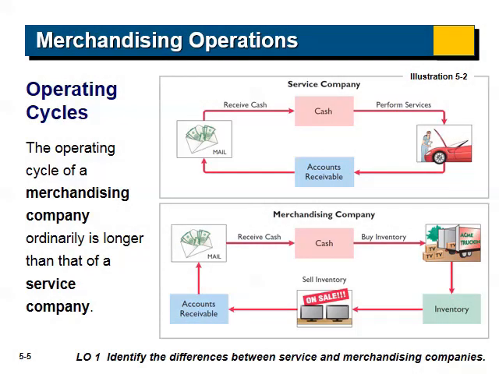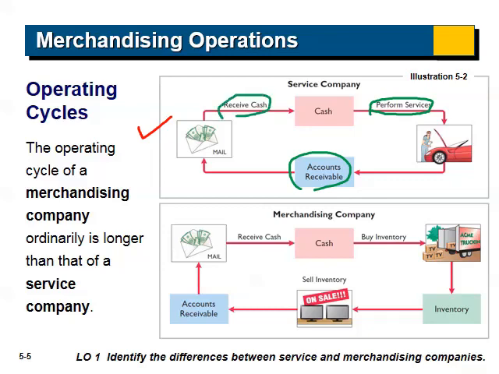Just to compare a service company and a merchandising company, up here at the top we have a service company, and the service company basically just starts here and performs a service, typically on account. Account just means that the customer is going to pay later, and then they pay later and we receive the cash.